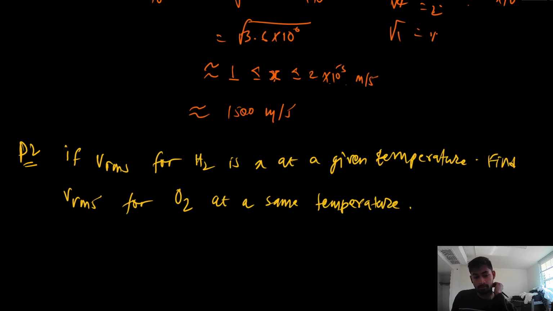So the problem simply asks: if root mean squared velocity of hydrogen is x at a given temperature, then find root mean squared velocity for oxygen at the same temperature.